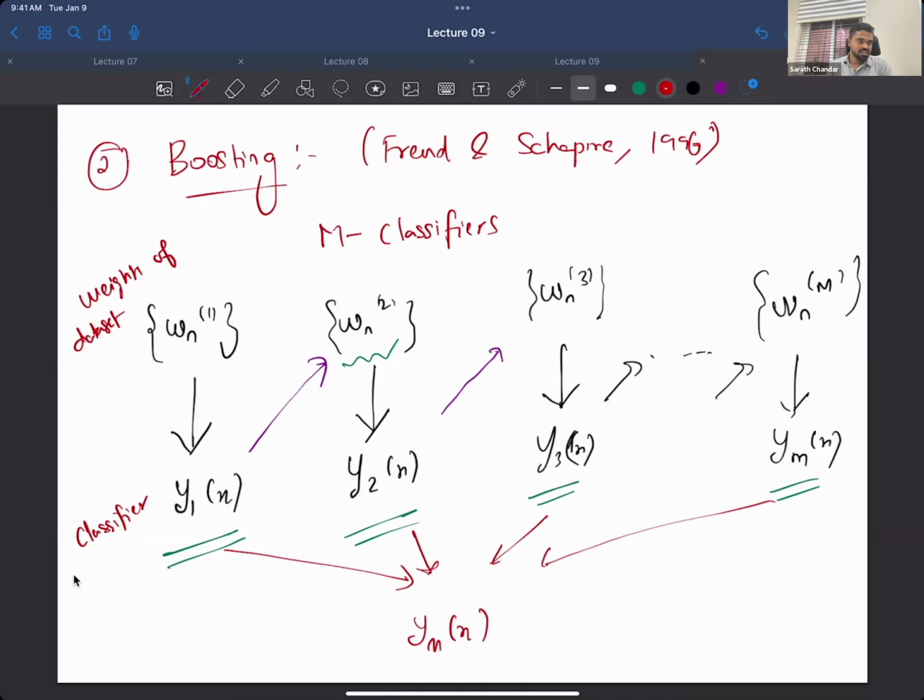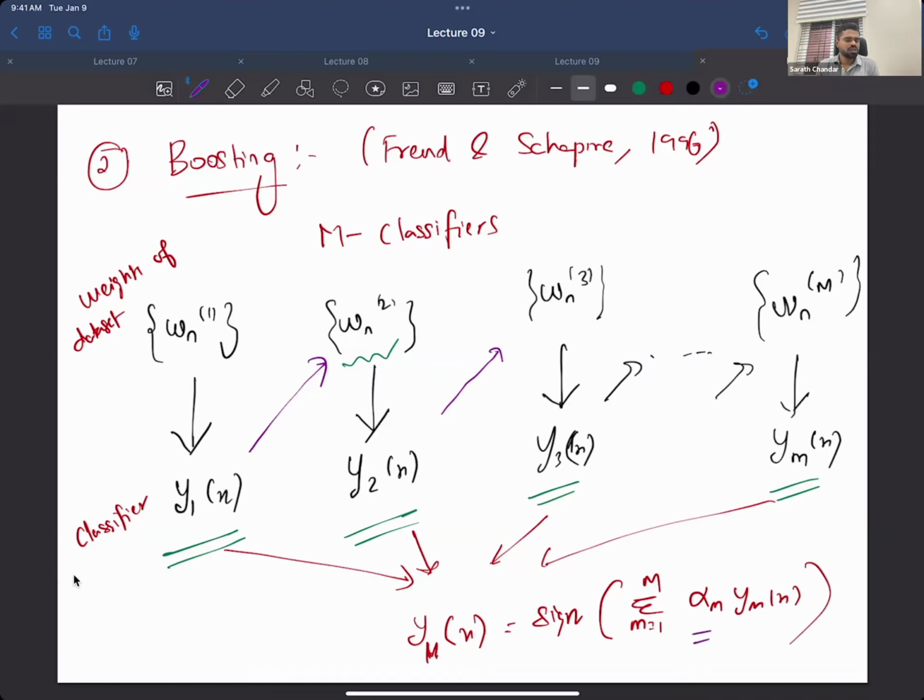The combination of all the M models, y capital M of x, is given by sign of the summation over m equals 1 to capital M of alpha m ym of x. So I'm basically doing a weighted average of all these predictions, where the weight is given by alpha m.